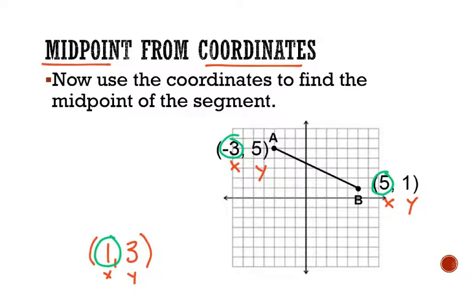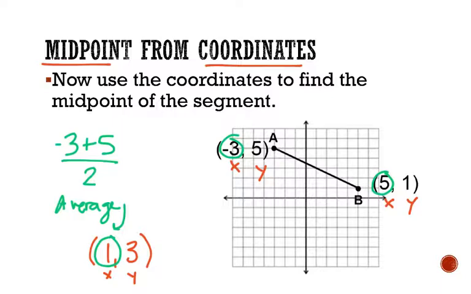So what do we call something about 2 numbers that we're putting together and then taking half of? That would be an average. So I'm going to take -3, add it to 5, and divide by 2. And that average becomes 1.